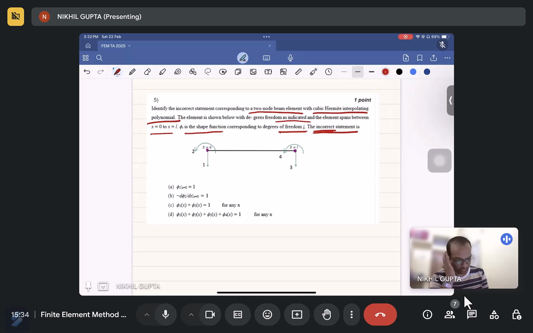So do you know the difference between the Hermite interpolating function and the Lagrangian interpolating function?